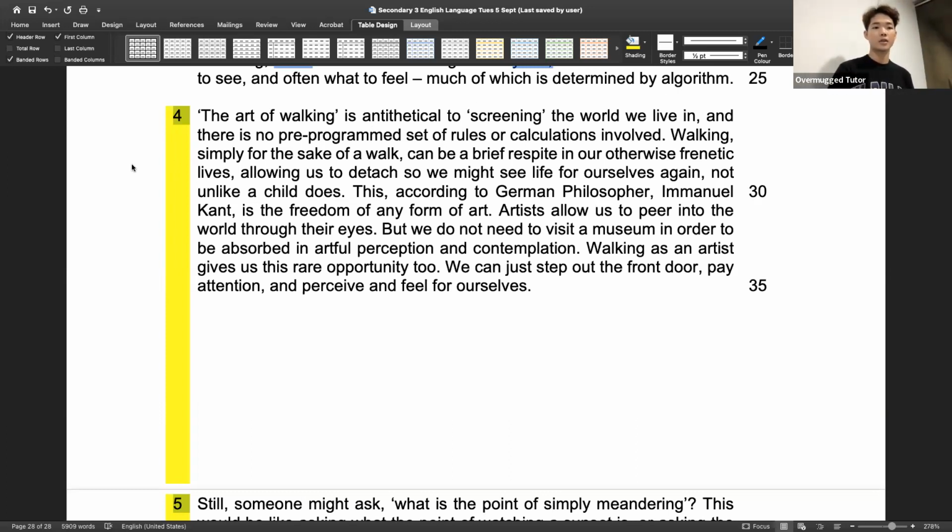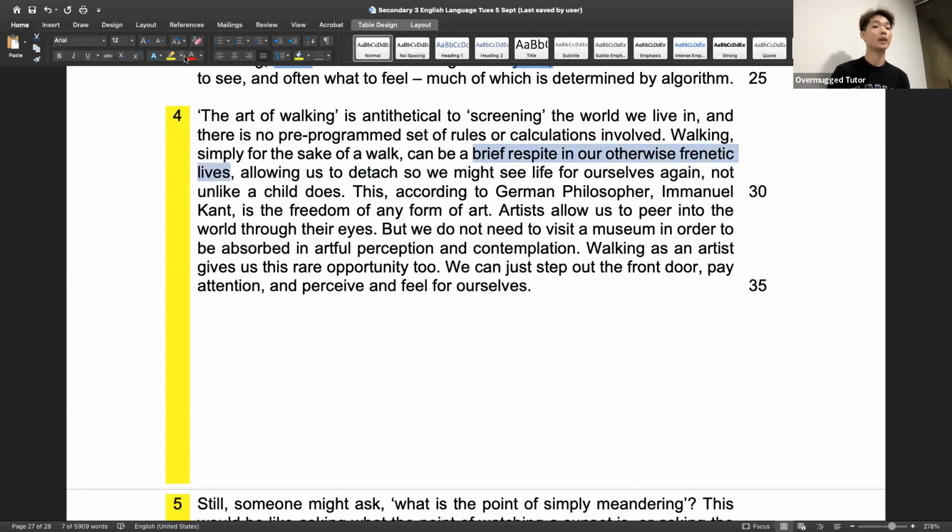Okay, I'm going to go through it now. Look at paragraph 4. Walking simply for the sake of a walk can be a brief respite in our otherwise frenetic lives. So this is one point. Respite means a break from your daily stress, right?